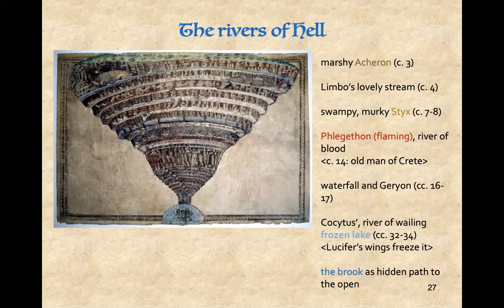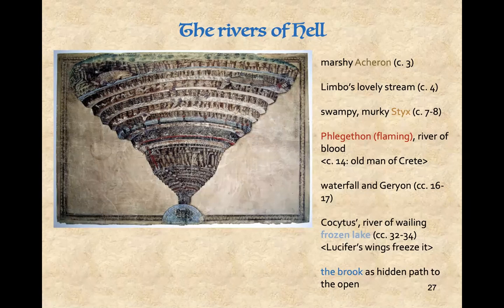But he says all of these rivers come together, all of these waters come together to form a huge waterfall. And all of this water, therefore, collects and goes down through the lower part of hell, where it forms what Dante calls Cocytus, which in antiquity was the river of wailing, and Dante represents as a frozen lake.